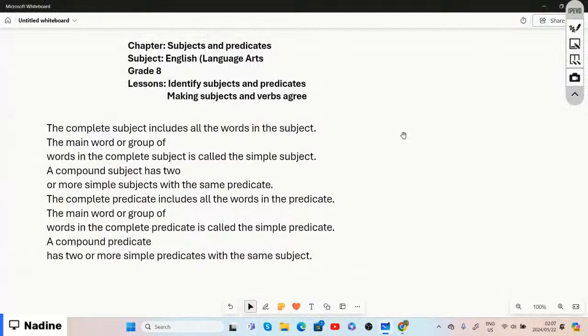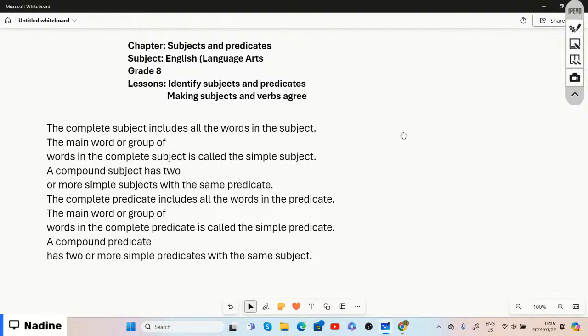Our subject is English Language Arts, grade 8.